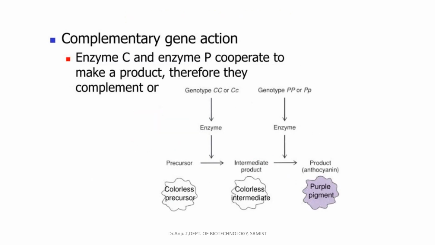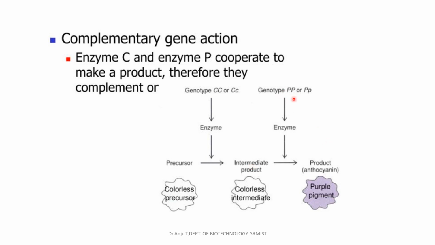You have another term called complementary gene action. So what is this complementary gene action? It is when two genes work together to produce the final product. For example, here we will take gene C and gene P. Gene C produces enzyme C, which converts the precursor into an intermediate product.